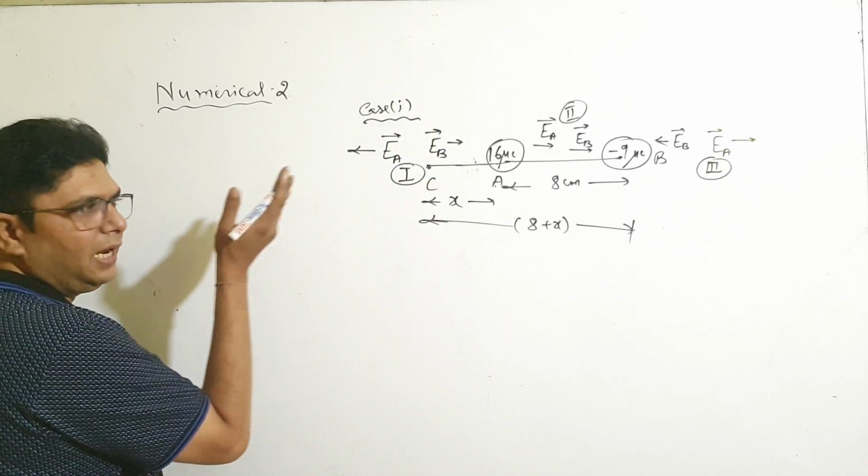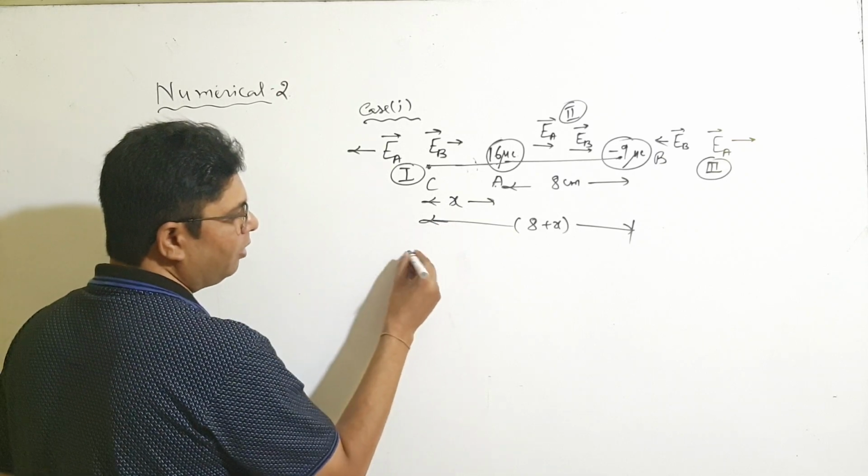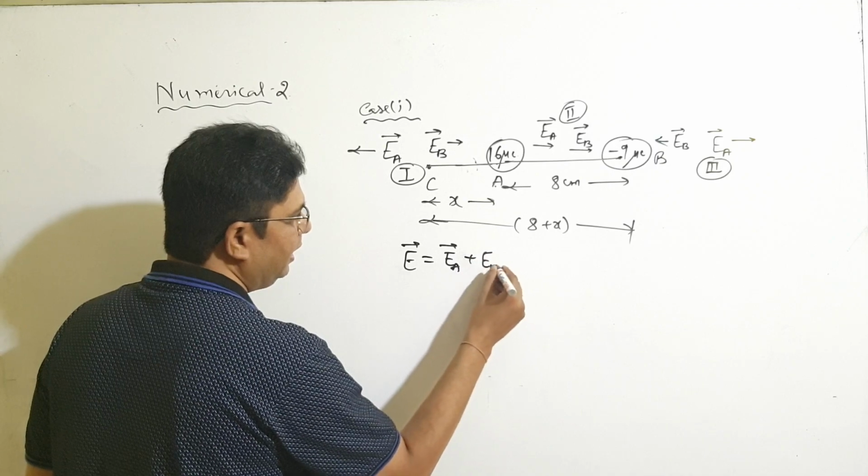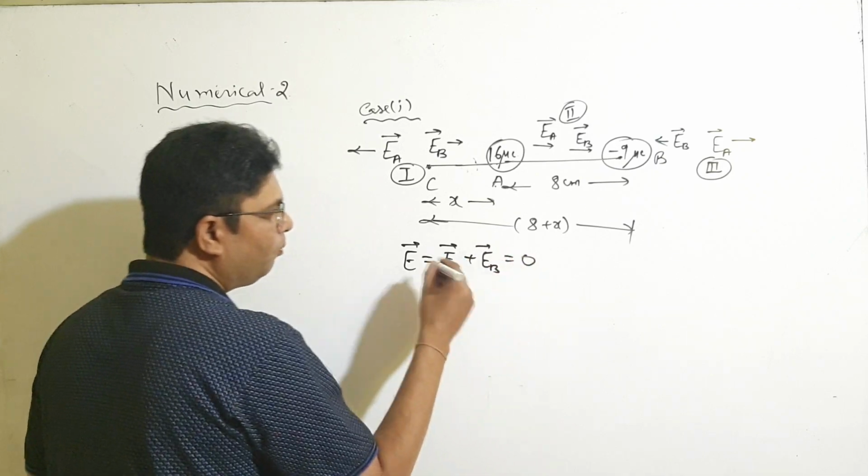Electric field on the left hand side is 0. So here you have electric field E equals EA plus EB, which is equal to 0. Put the value.